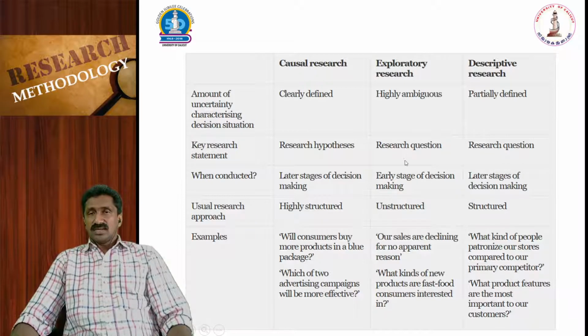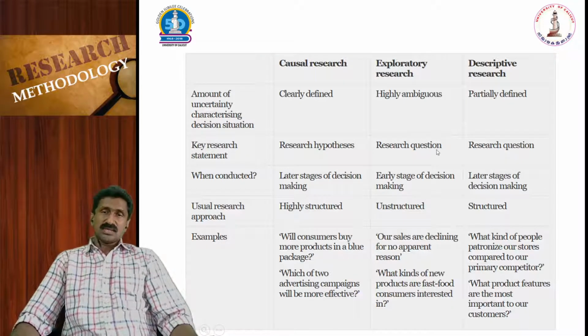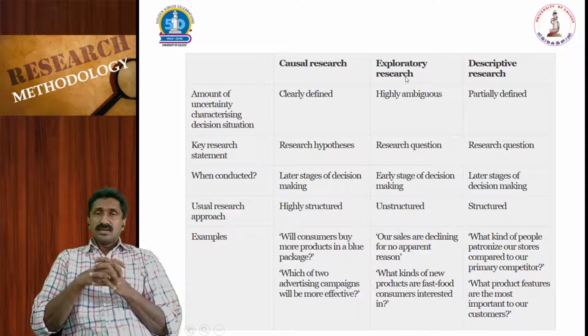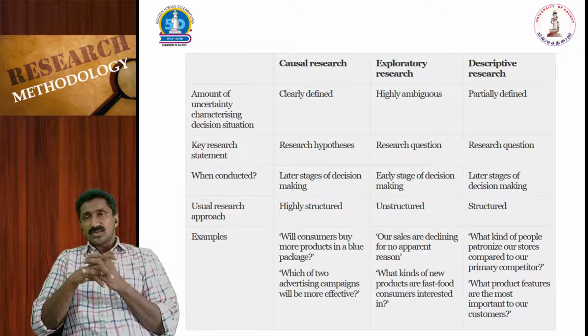Whereas in the initial stages of research we don't have such a hypothesis. Exploratory research is in the initial stages of decision making, and we don't have a clear hypothesis at that point. So we are just exploring things, and we are not making any conclusions.